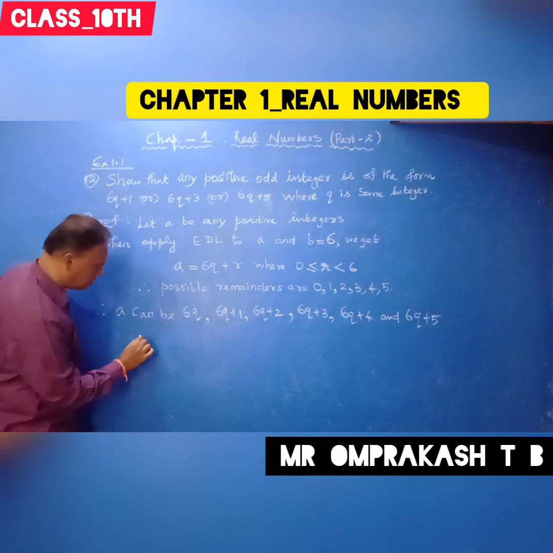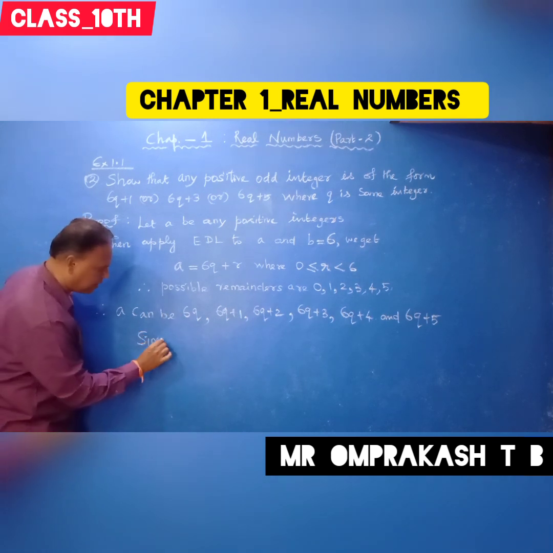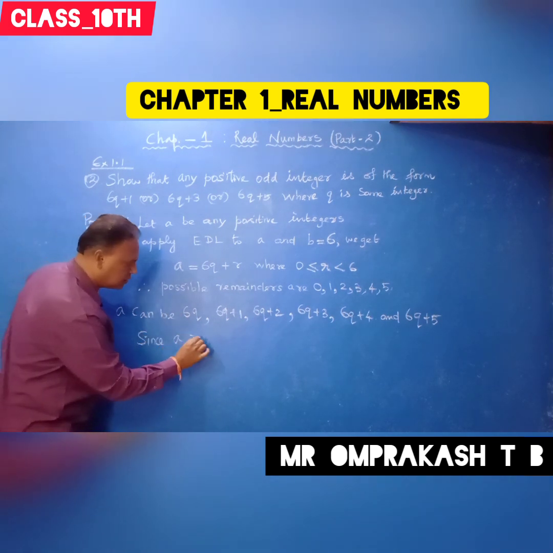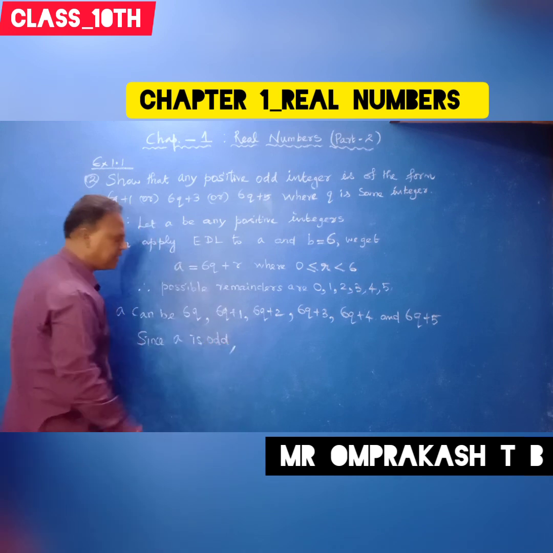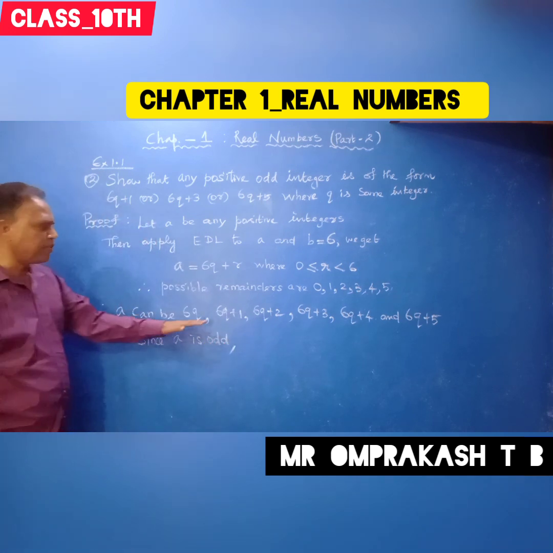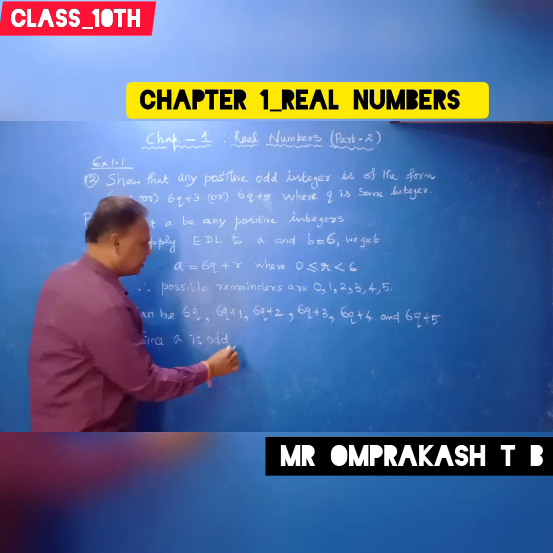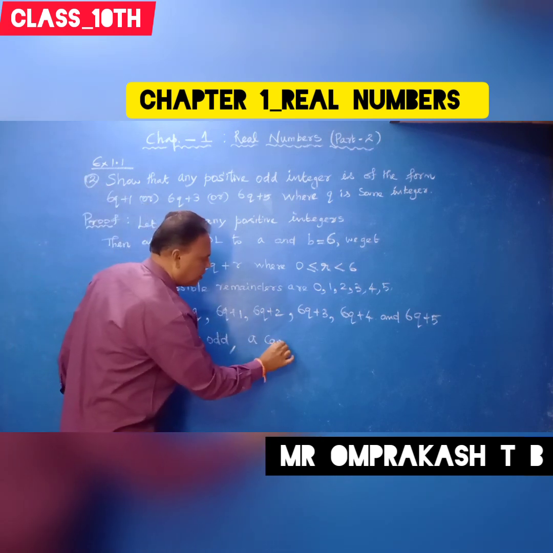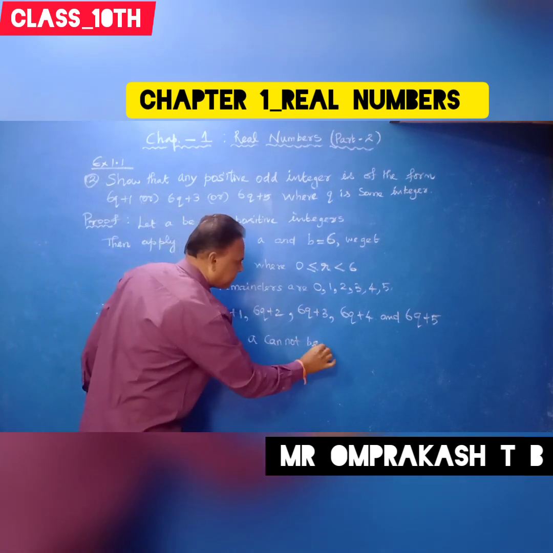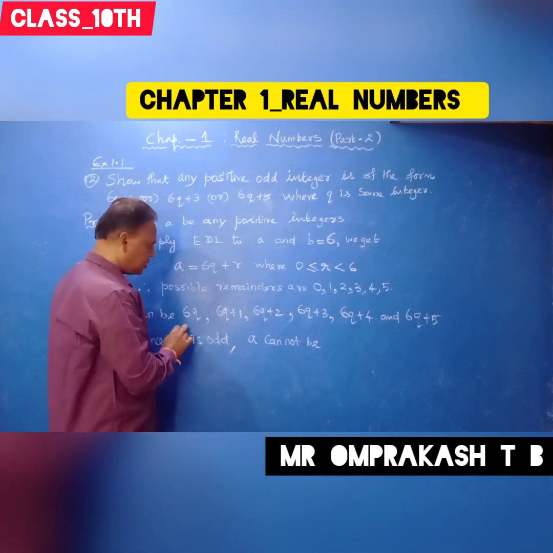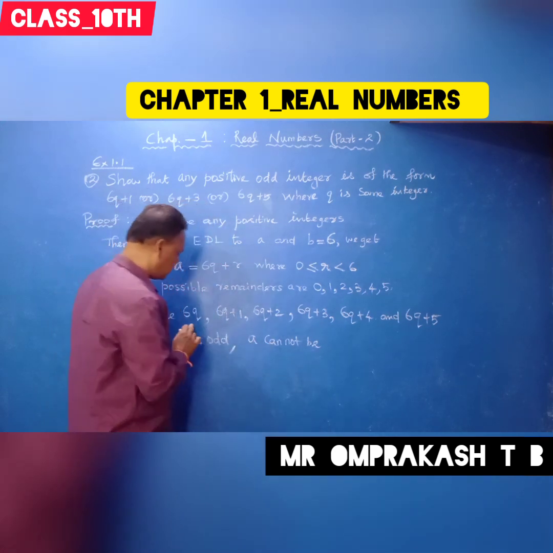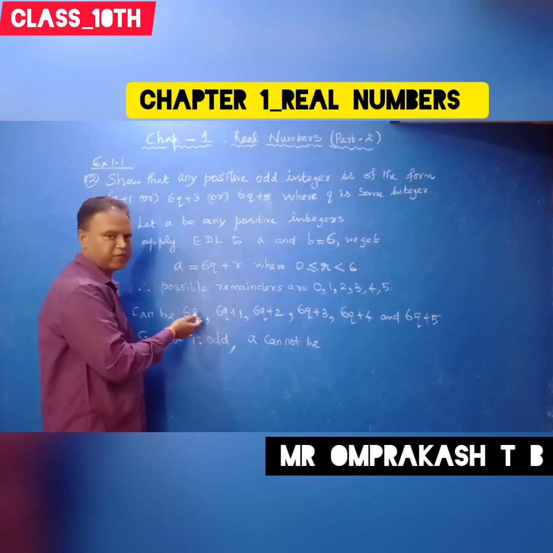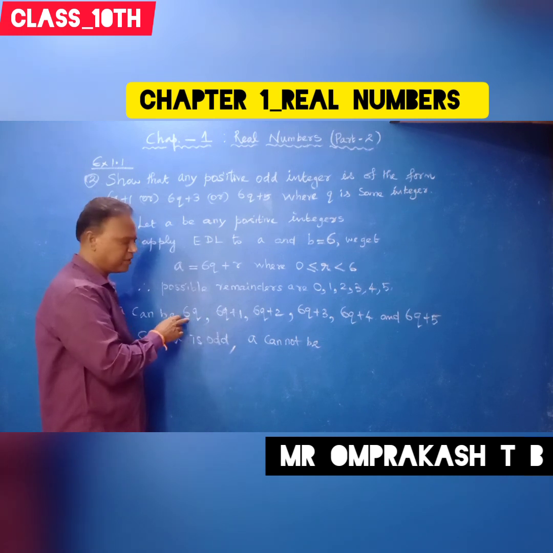Since a is odd, as in the proof you see a is odd, a cannot be even. Clear? a cannot be 6q, because 6 is an even number. Multiply any number by an even number, you will get even only. Clear?